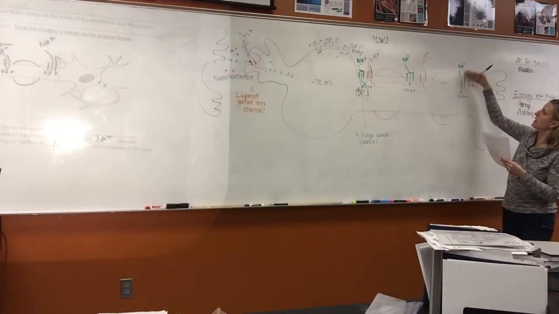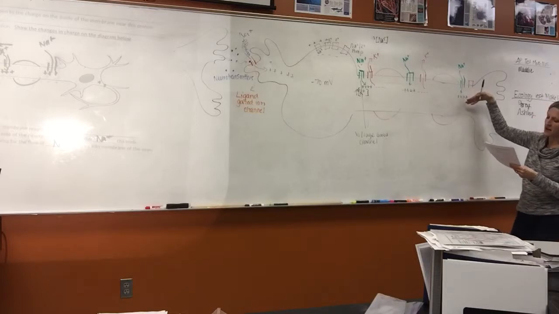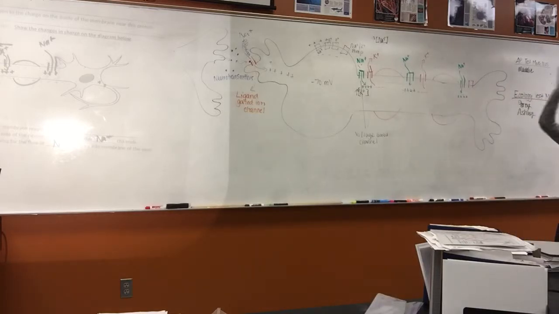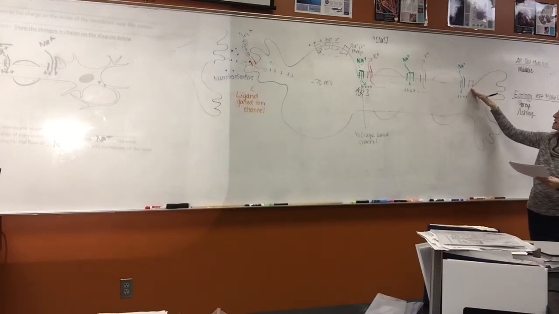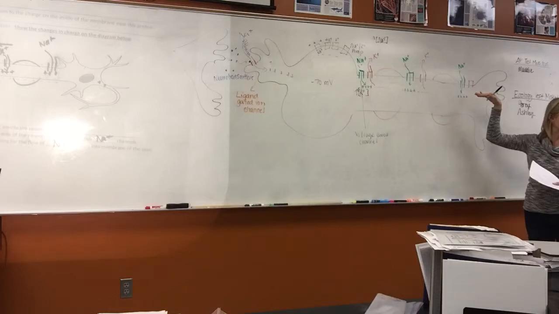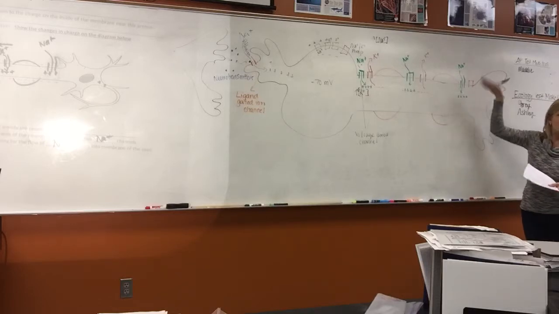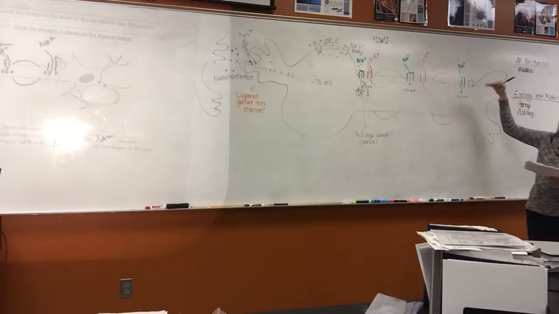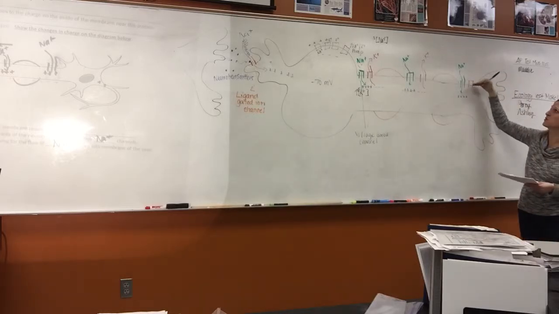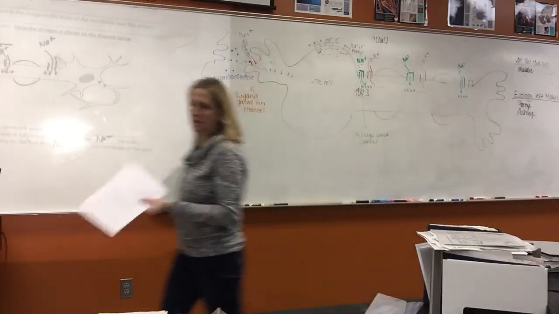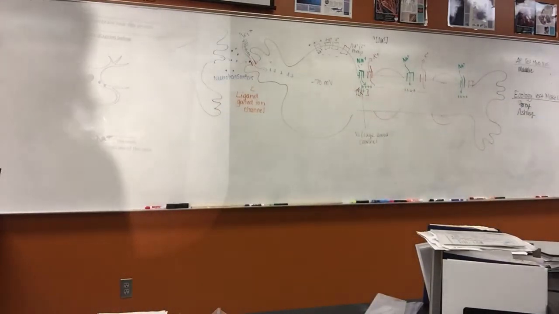So this is being depolarized, so sodium goes in. And they said B is the answer: sodium gates open before the potassium gates. The potassium gates do open, but not during depolarization. That's the confusing part here. They open in repolarization. So therefore, I could see D as an answer, where the sodium gates open and the potassium gates close, because they do remain closed during depolarization. So if you put D, I would say that that's okay.